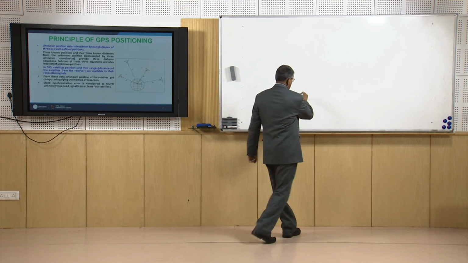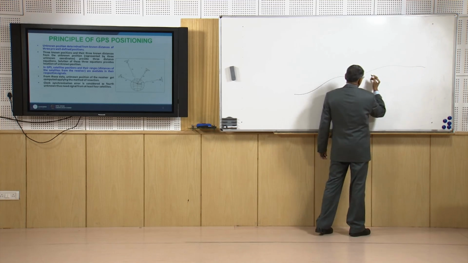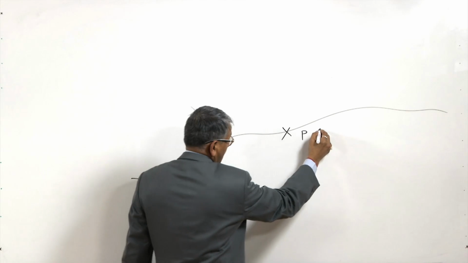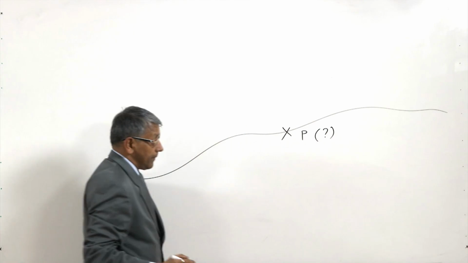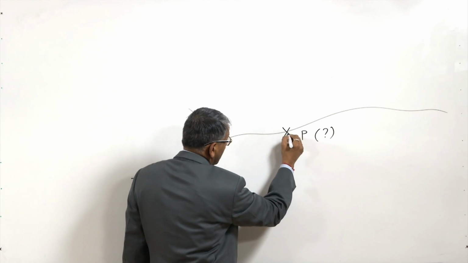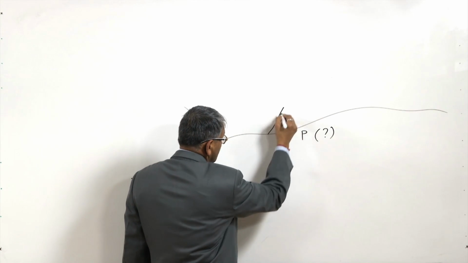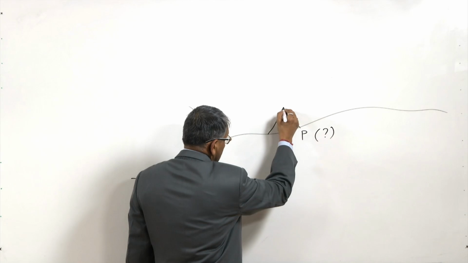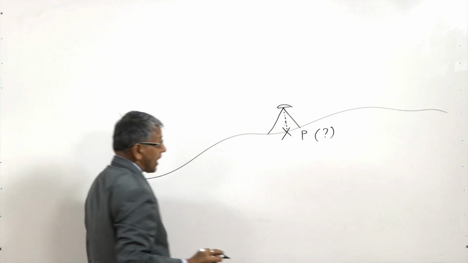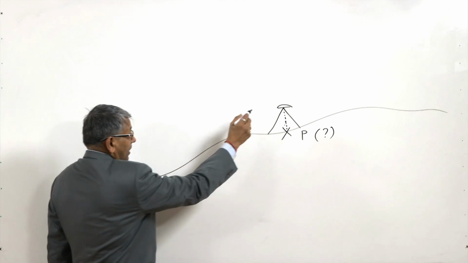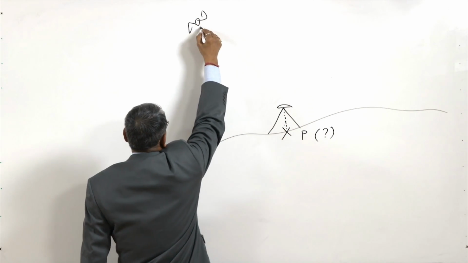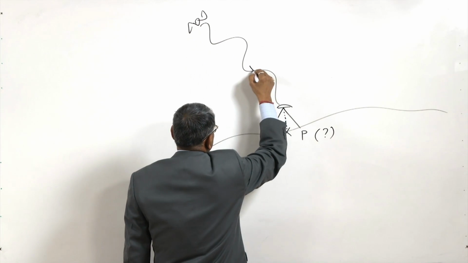Now suppose this is the surface of the earth and this is the point P whose location we want to determine. So in the case of GPS surveying, we will set up a GPS receiver with centering on this point and leveling, and after doing that we will receive signals from GPS satellites.